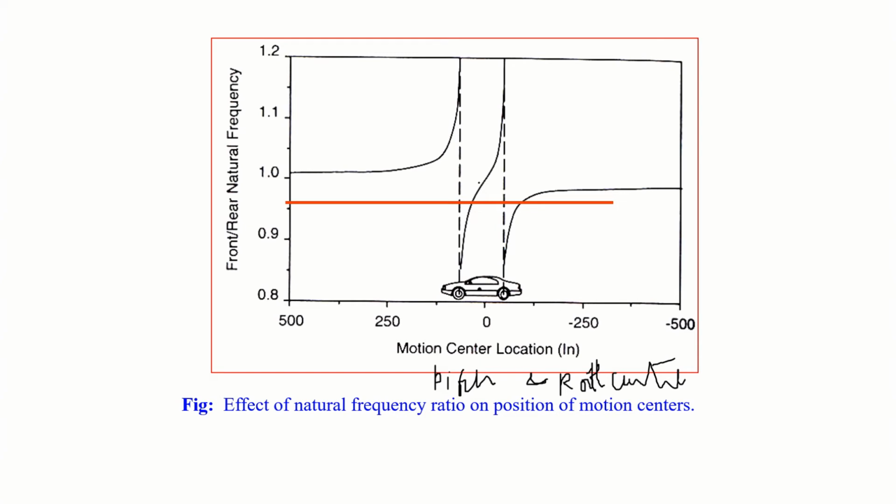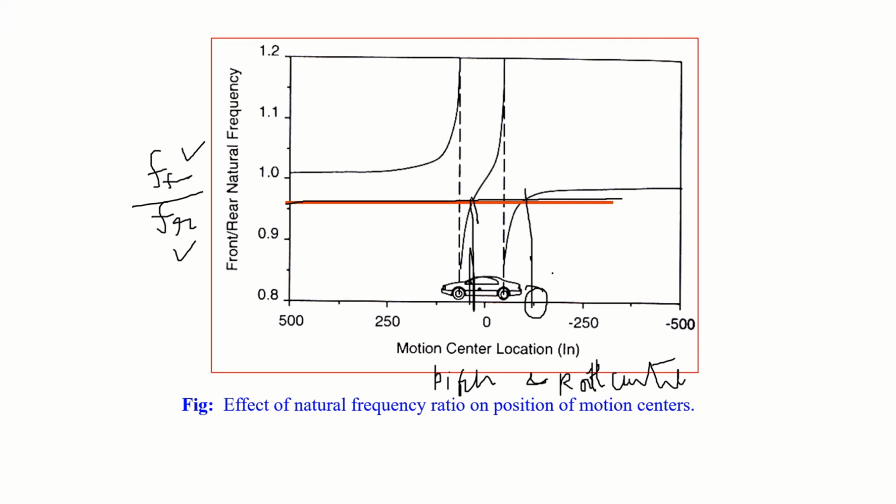Now I said here front and rear natural frequency, that is FF by FR. If FF is smaller than FR, the ratio is less than 1. Then if I draw a vertical line from here, here you get this, and here you get that.